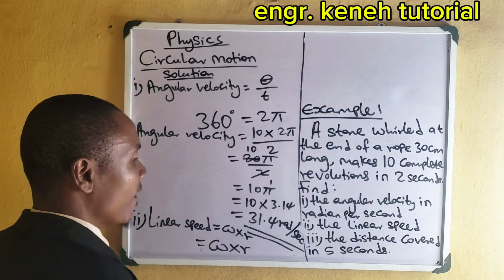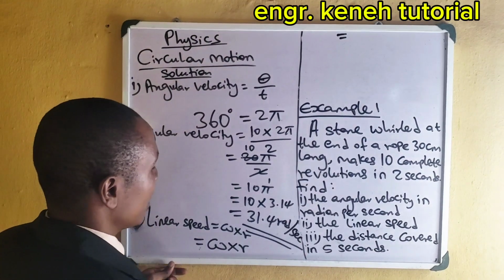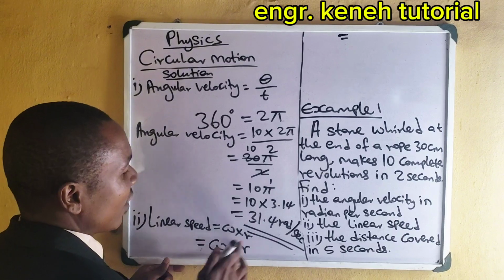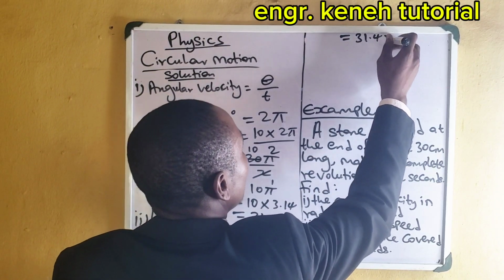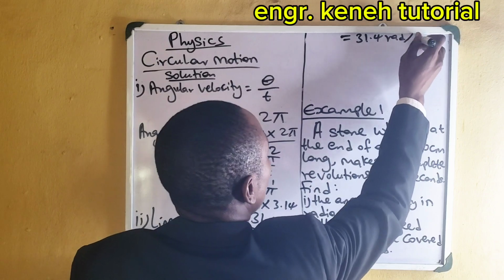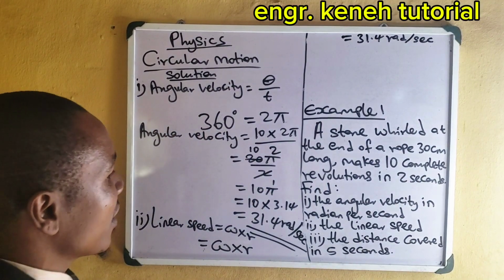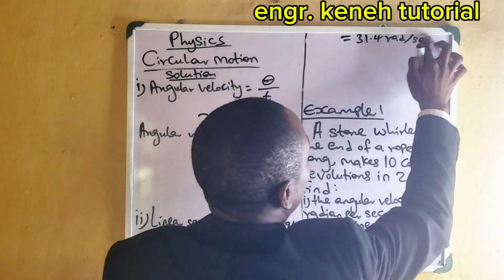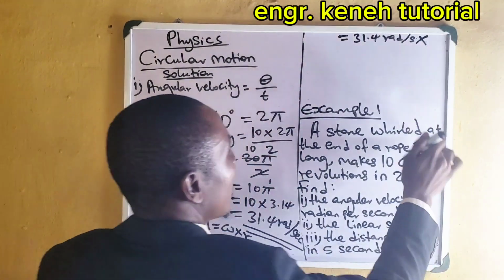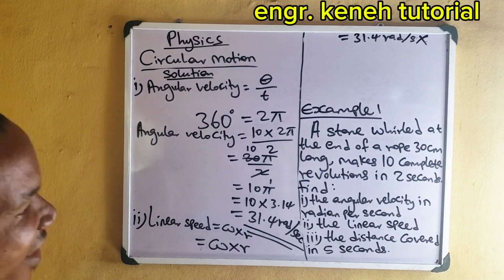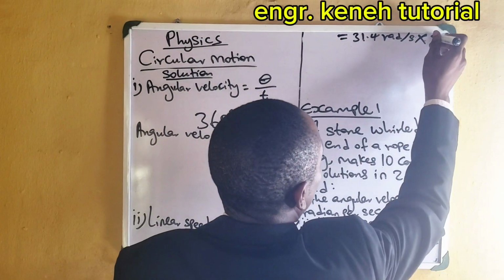So we have 31.4 radian per second times 30 cm.